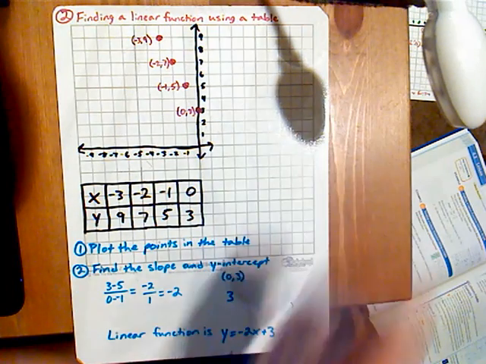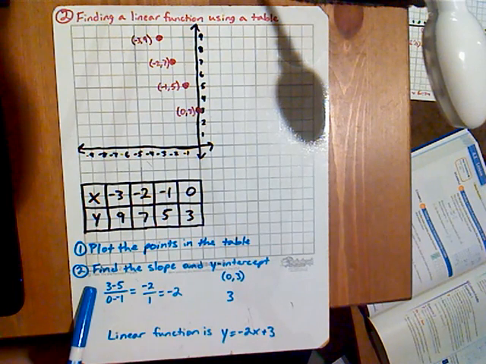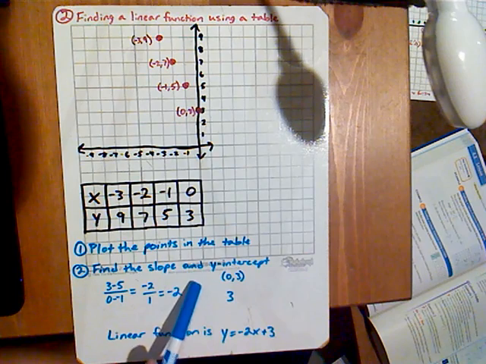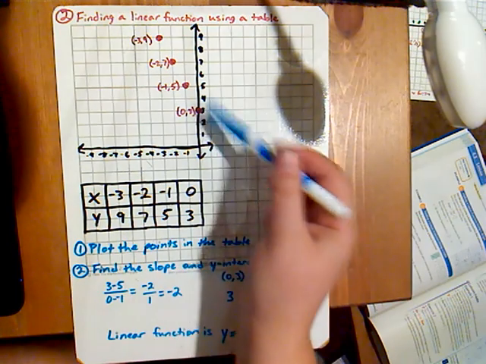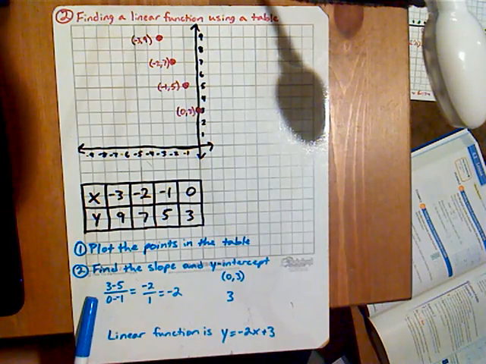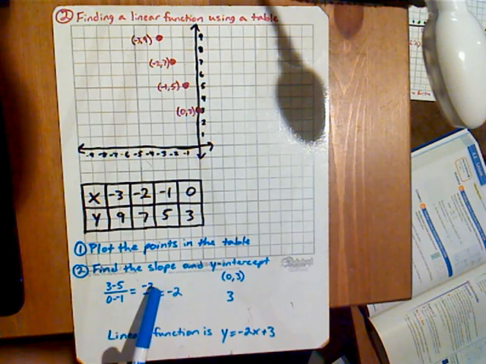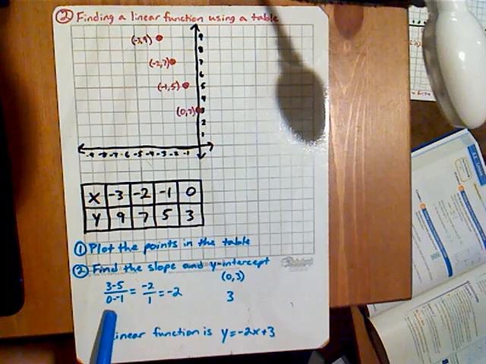They're in a line, and so we need to find the slope and the y-intercept. So once again, you can either count it or do it algebraically, or we just use 2 of our points to find the rise over our run. So 3 minus 5 is -2. 0 minus -1 is 1.